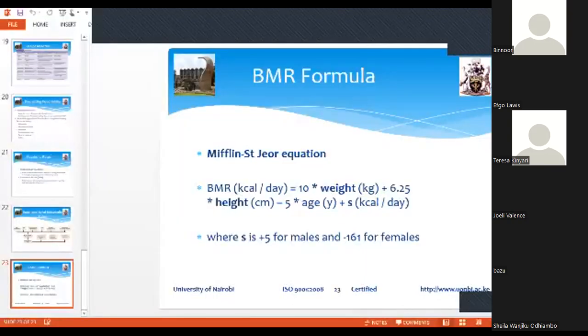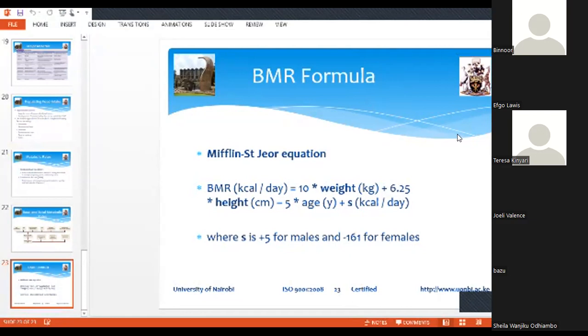So this is the formula. Basically, we're saying if you're going to calculate the basal metabolic rate, you have to have the weight, the height, and also the gender of the person, the sex of the person. The weight will be in kilograms, you multiply by 10.